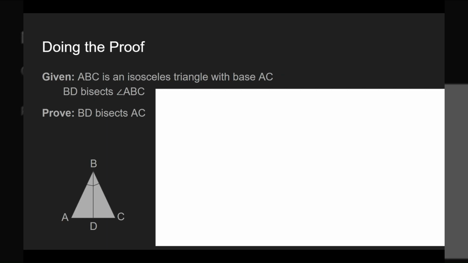So let's get started. Always start off with our given information. We've got two pieces of given information. First one, ABC is an isosceles triangle with base AC. Because it's an isosceles triangle, we know that isosceles triangles have two sides congruent. So we can say that AB is congruent to BC by the definition of an isosceles triangle.